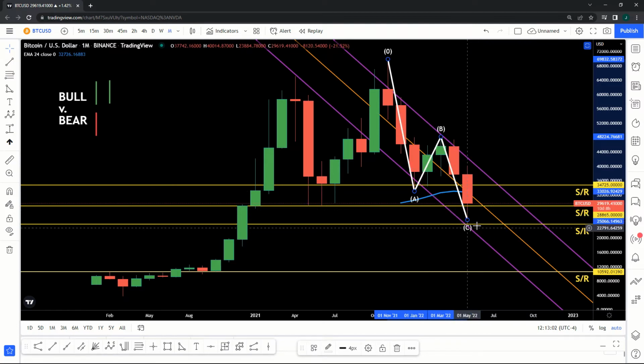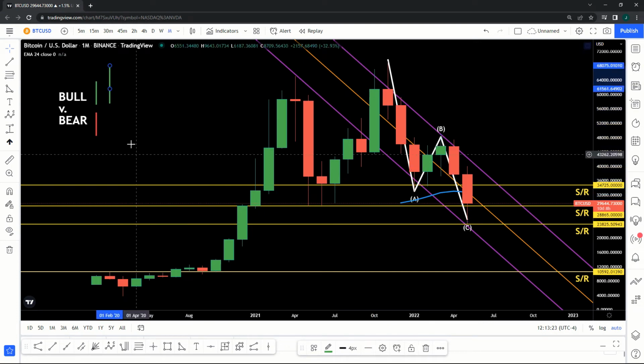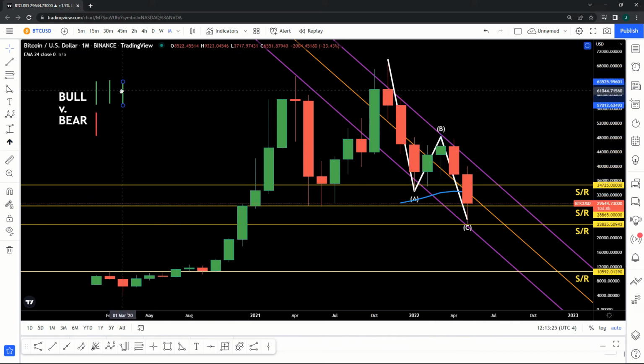So after swing low, the next trend would be a bullish pattern greater than 69,500. I'm just going to say 70,000. Right? So the next leg up, once it breaks this pattern, this purple band would be a run up greater than 70,000. So that would be a third argument for a bull.